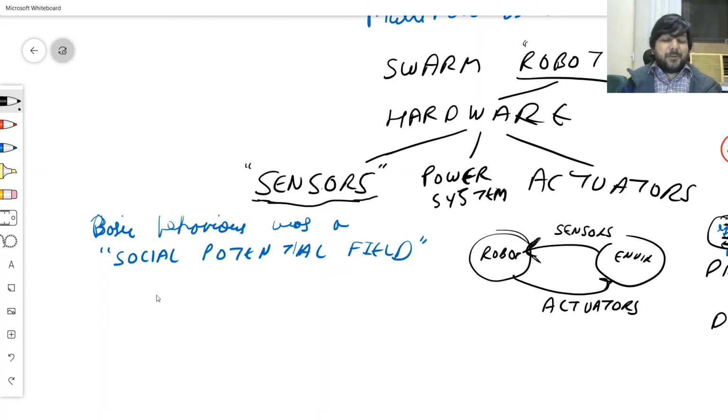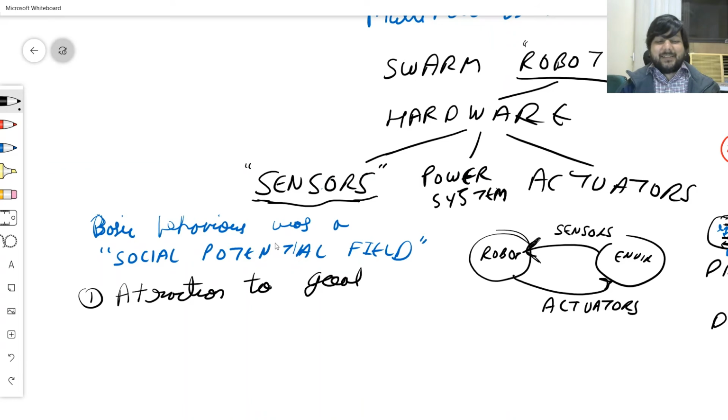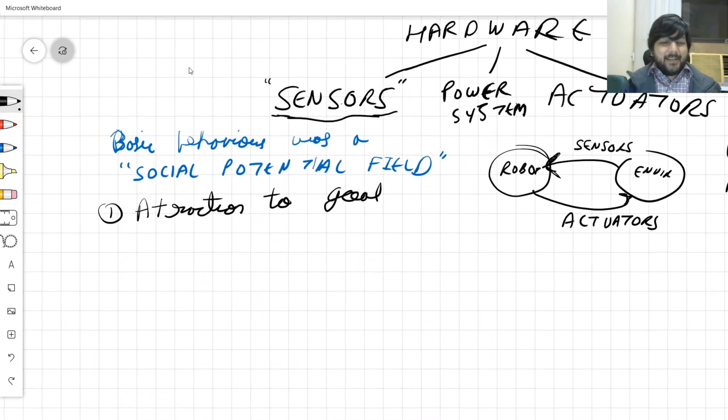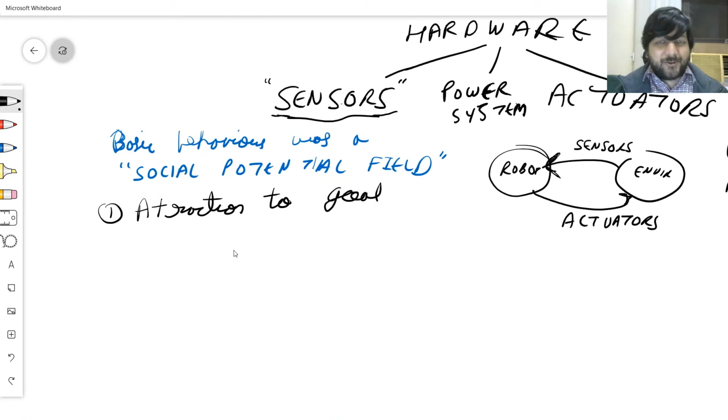Now, this was also a big behavior, so let us first take attraction to goal. I'll replace goal by other agents and it'll become attraction to other agents. When they are far away, it will become the other force of the social potential field. So I should be able to calculate attraction to goal.